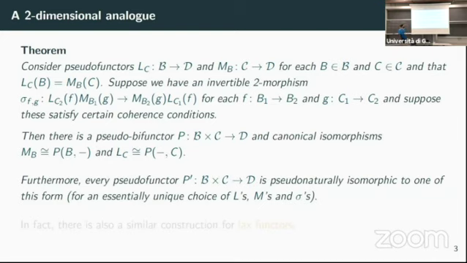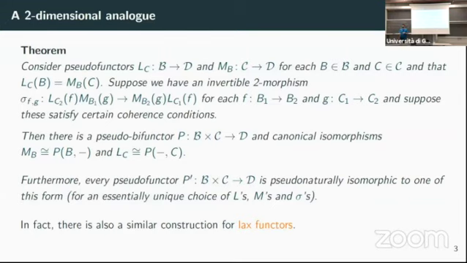This is the result that we wanted, and I'll tell you a little about how it's proved soon. But when proving this, we noticed some similarities to other concepts in category theory. To make these clear, it made sense to generalize this construction to lax functors. So instead of working with pseudo-functors, we do everything with lax functors.